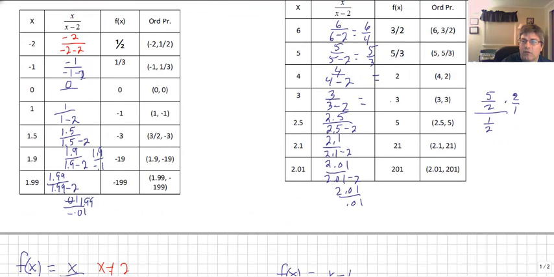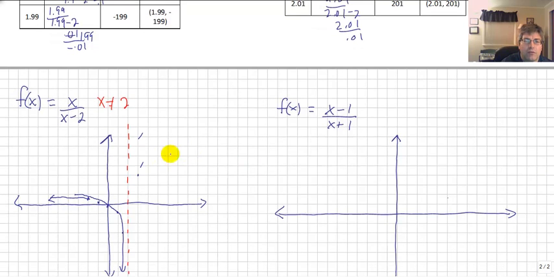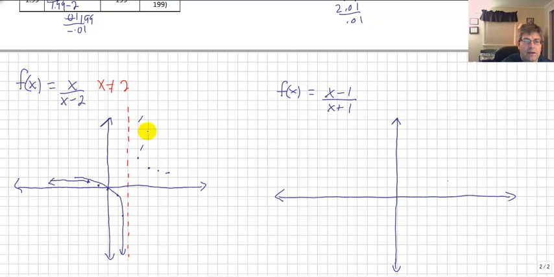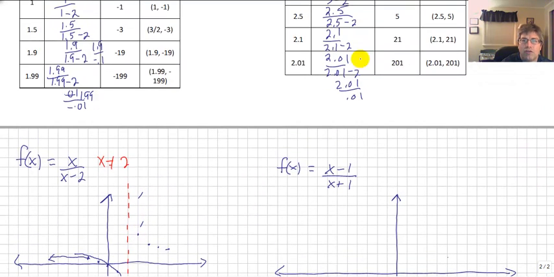Let's take a look at that. So 6, 3/2. So 3, 4, 5, 6. When I input 5, I output 5/3. When I input 4, I output 2. When I input 3, I output 3. When I input 2.5, now I'm getting closer and closer to 2, I output 5.